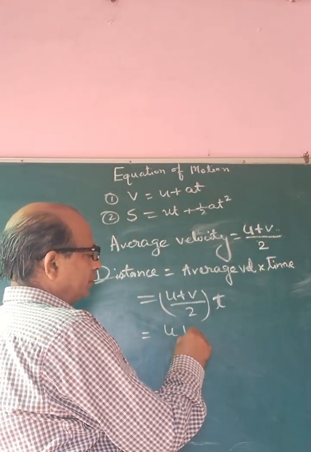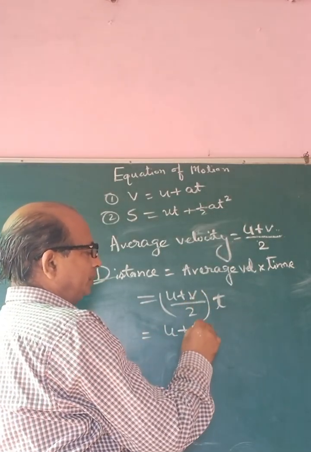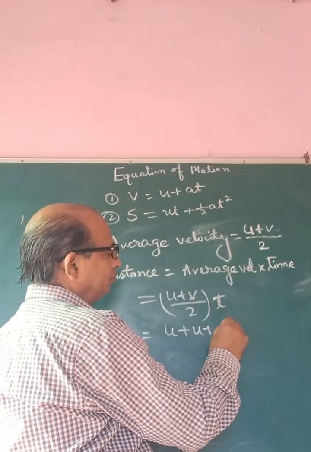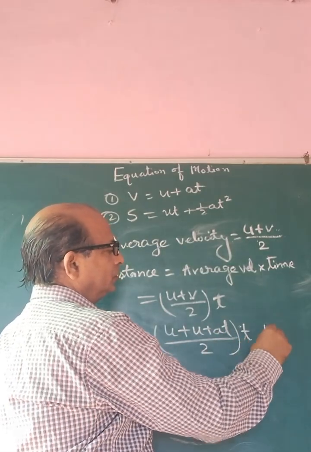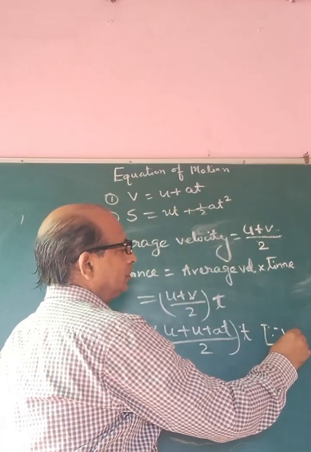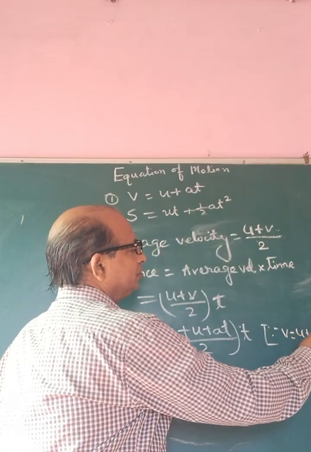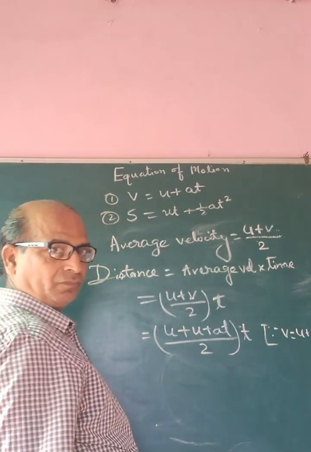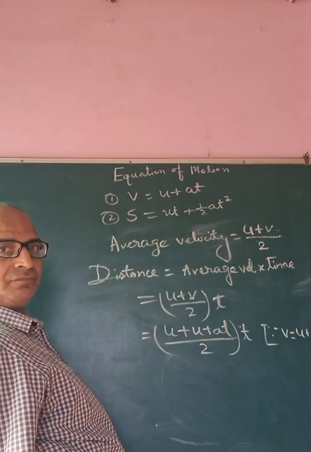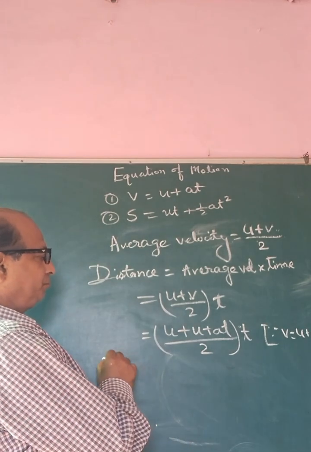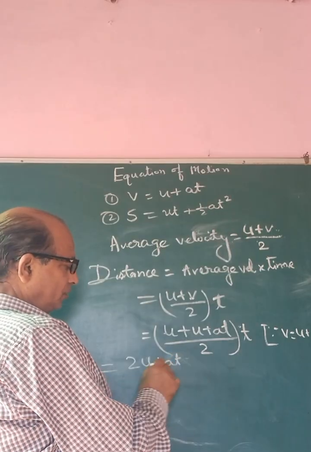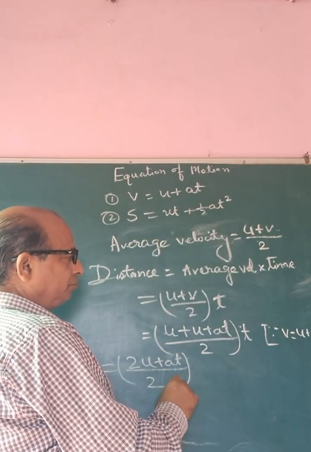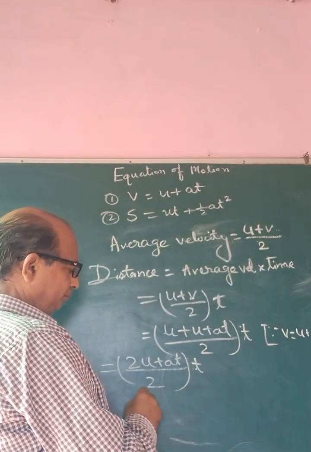Here from the first equation put the value of v, because v is equal to u plus at. So u plus u is equal to 2u, into t.